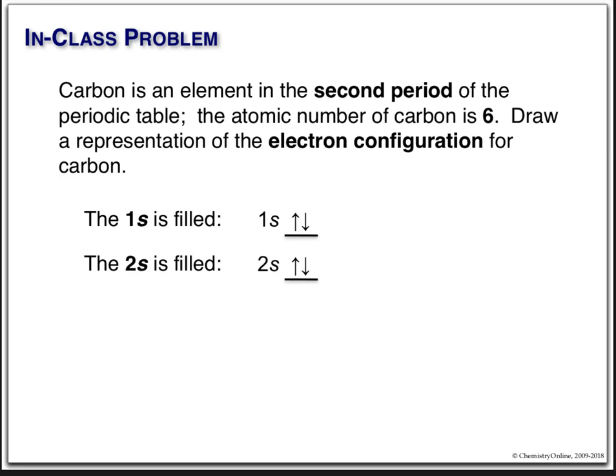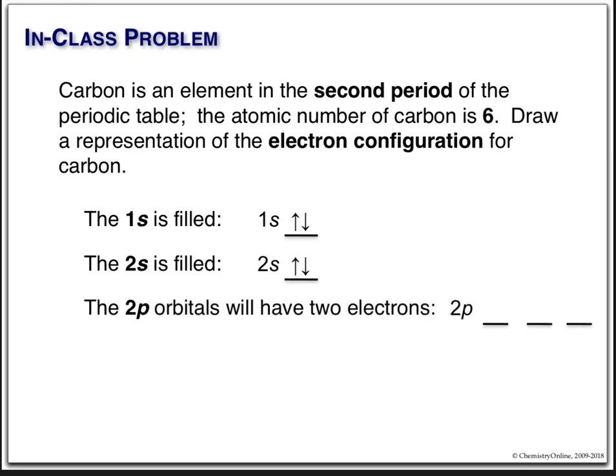Again, that's those 2 electrons right there. Now we have 3 p orbitals, don't we? But remember, the electrons have to go in one at a time into the orbitals. Then you pair them. Therefore, in our p orbitals, we have 1, 2 electrons.